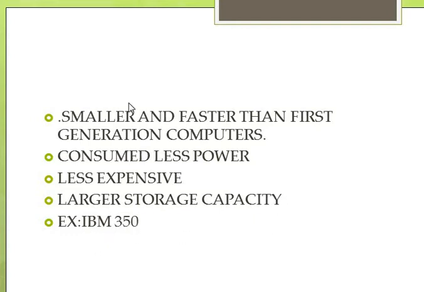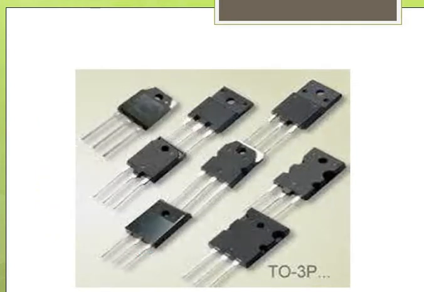Examples of second generation computers are IBM 350, IBM 1401 and RCA 501. A very familiar one is IBM 350.